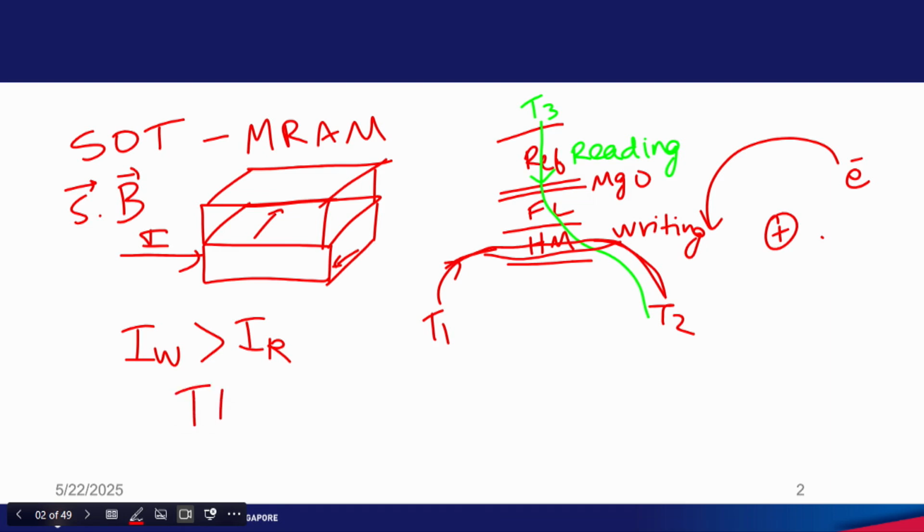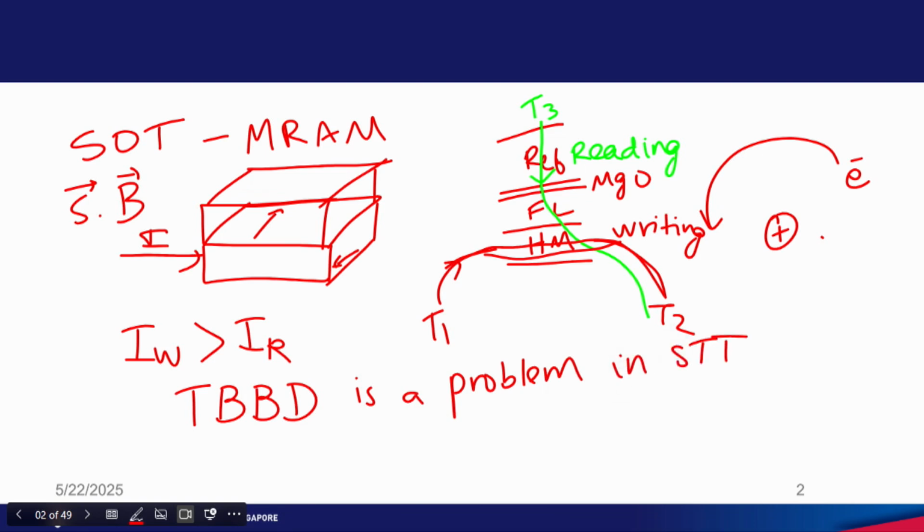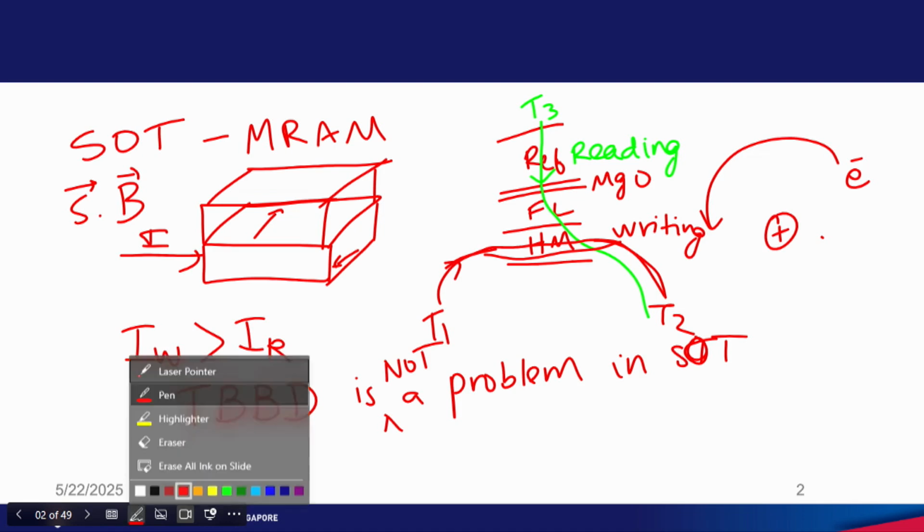In the case of STT MRAM, tunnel barrier breakdown, TBBD, is a problem. It is a problem in STT MRAM, but it is not a problem in SOT MRAM. Okay. So, these are some concepts that we learned yesterday.